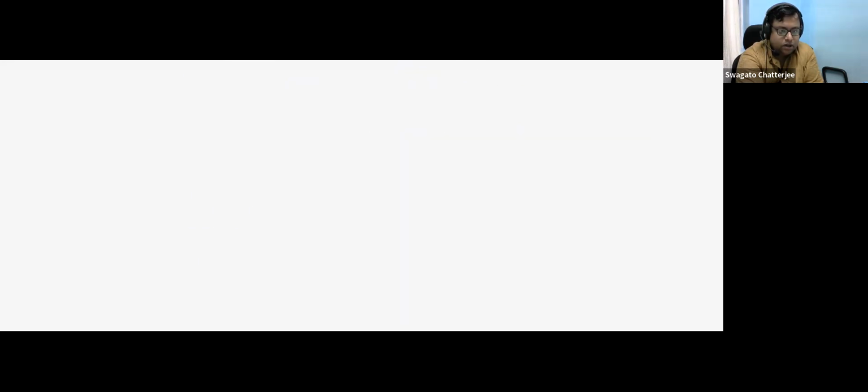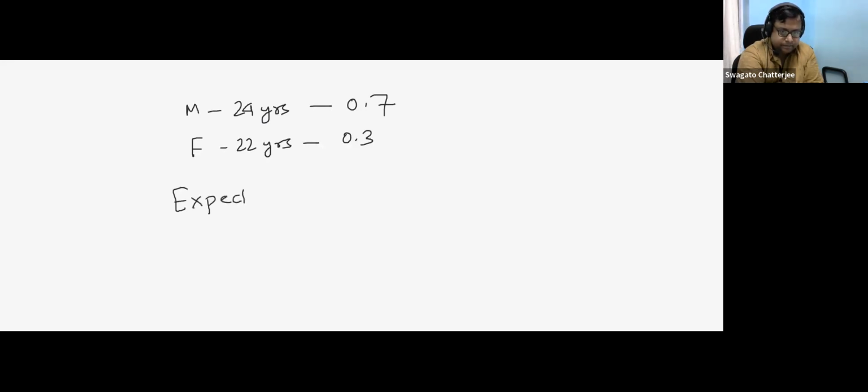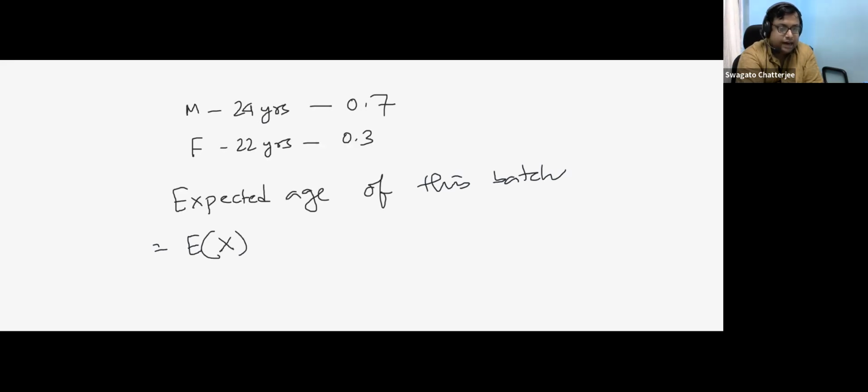So if the men are 24 years on average with 0.7, and the women are 22 years on average with 0.3, then the expected age of this batch, which is also written as E of X, where X is the age, the random variable.